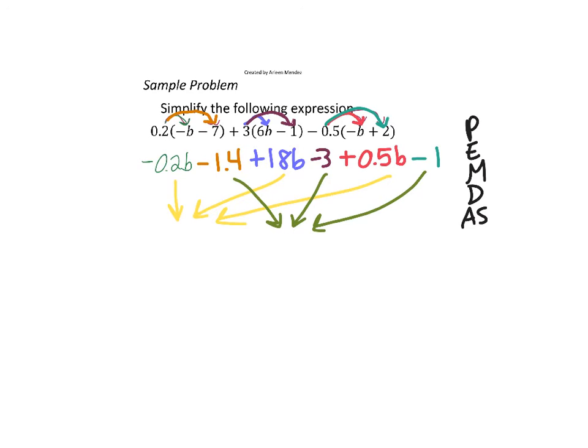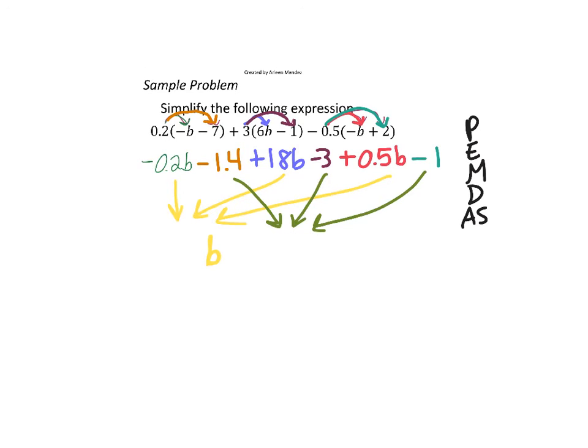All right, let's go ahead and do this. So the b terms, negative 0.2b plus 18b plus 0.5b, that's going to go right here. And you keep that variable and exponent that made them like terms, right? This is b to the first power. If you don't see an exponent, there's an invisible 1 right there, but you don't have to write it.